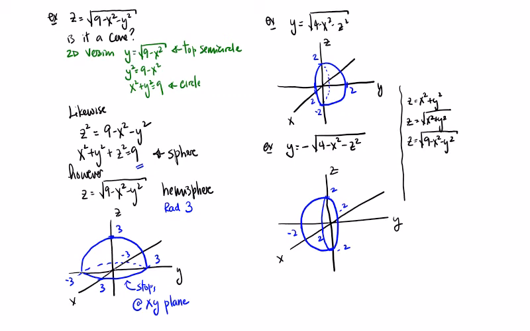I mean, you'll do so many of these that eventually they'll become second nature and you won't get confused, unless you're not doing any homework. But if you're doing these problems regularly, within a week or so, you'll know them. So again, the first one, paraboloid. Second one, cone. Third one, hemisphere. But all of them are fairly similar. So however you need to remember them, do it that way.